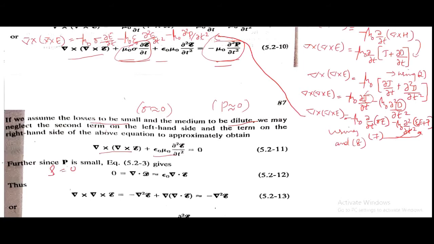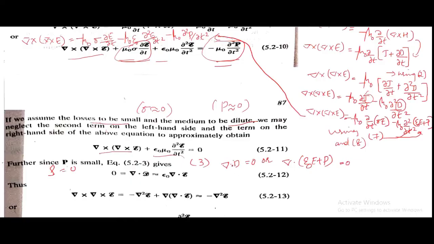So inside the cavity rho equals 0, and then by equation 3 we can write del dot D equals 0, or del dot (epsilon 0 E plus P) equals 0 using equation 7. Since P is small, we can write del dot epsilon 0 E equals 0, that is epsilon 0 into del dot E equals 0.